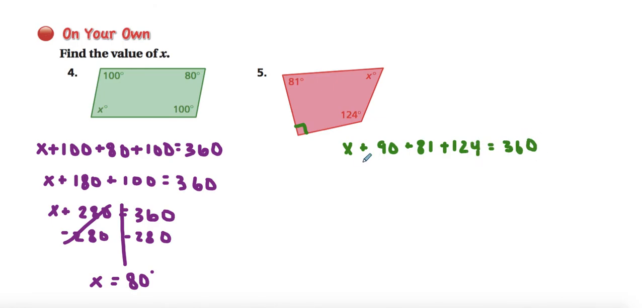Before I solve for x, I'm going to simplify this by bringing down my x. 90 plus 81 is equal to 171. I'm going to bring down the rest of my problem. Keeping your work neat is very important.